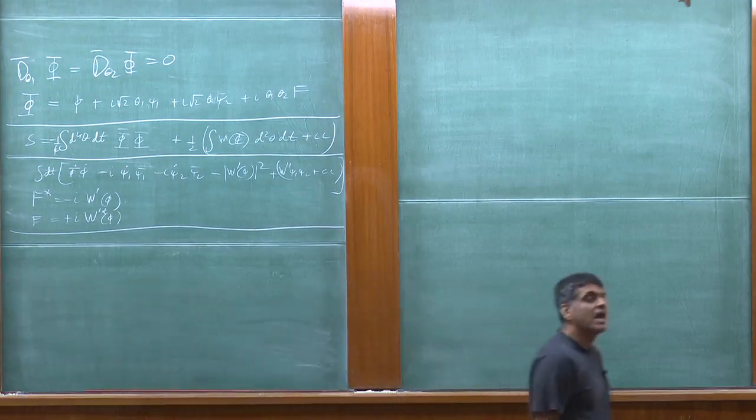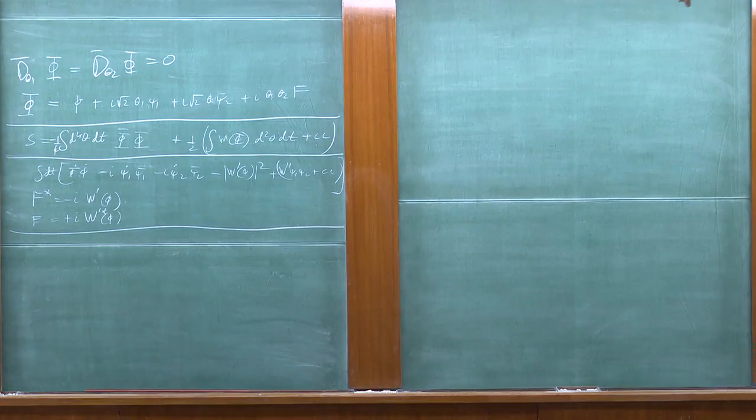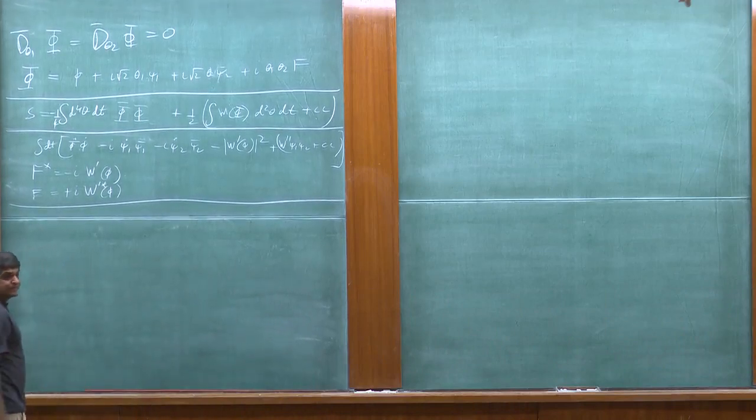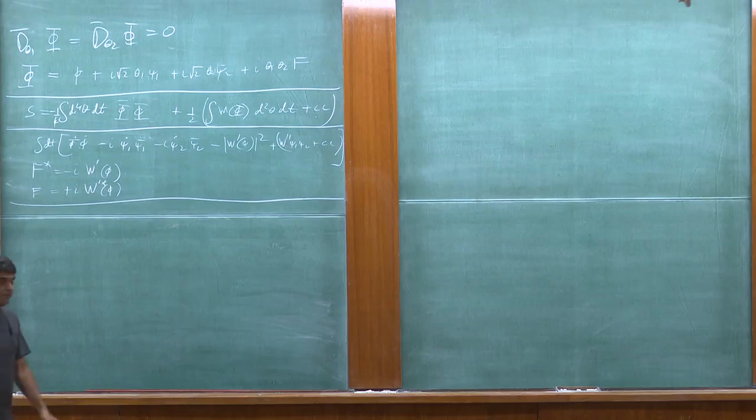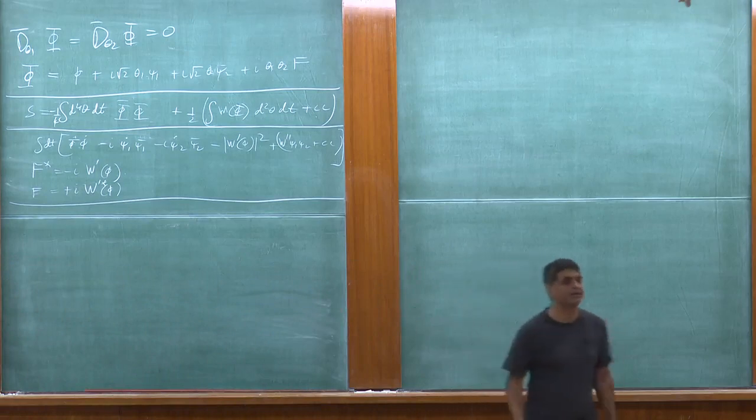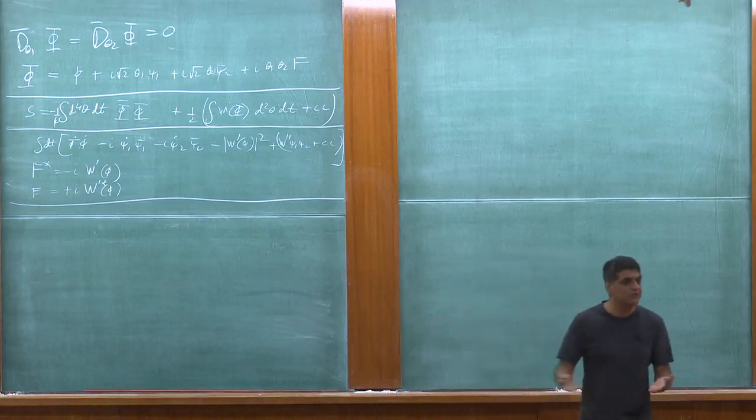These fields, phi, psi 1, psi 2, and F. Of course, F is auxiliary, but anyway. We know how they transform because we know the action of Q on the superfield. So we just have to open that out and get the answer.